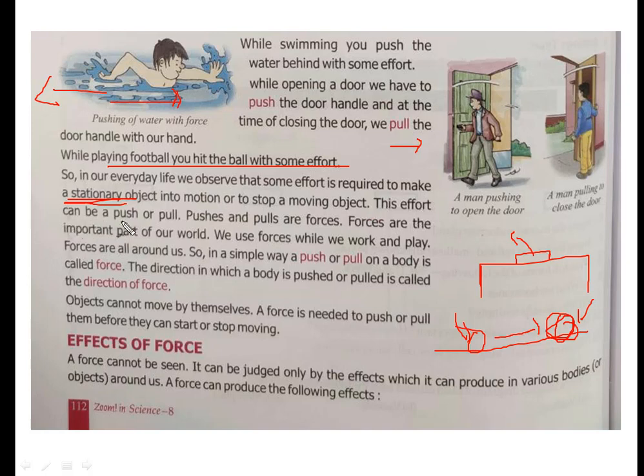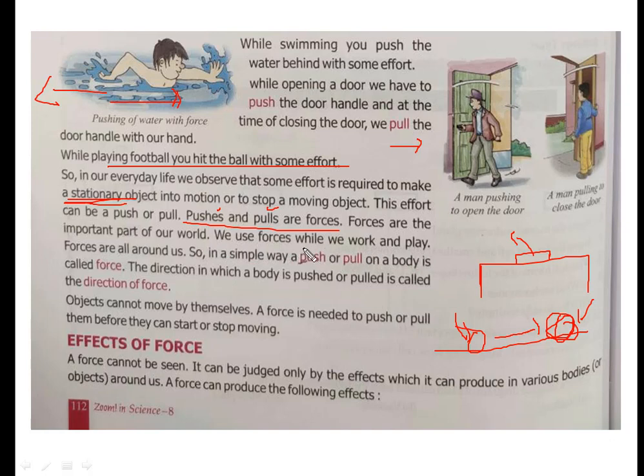So this effort can be push or pull. Push and pull are forces. So what are forces? Force is nothing but a push or a pull. So force can be applied either by pushing something or by pulling something. Forces are an important part of our world. We use force while we work and play.